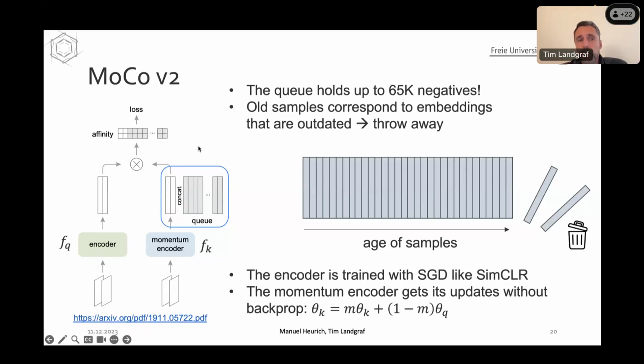So you can understand MoCo and MoCo v2 basically as SimCLR, but with a little trick that allows us to reduce memory requirements, while at the same time using many more negatives.